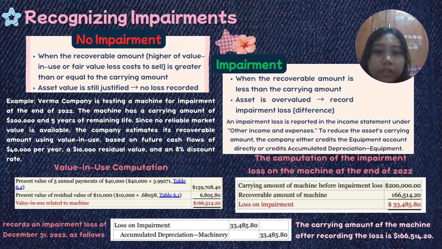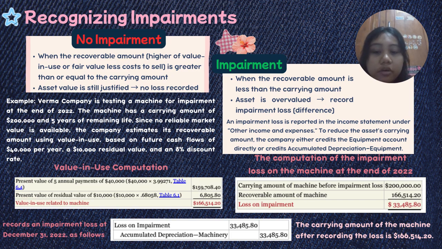This is the computation of the impairment loss on the machine at the end of 2022. The carrying amount of the machine before impairment loss is $200,000, minus the value in use related to the machine. So this is the loss on impairment.